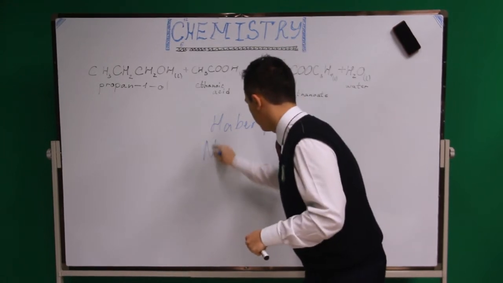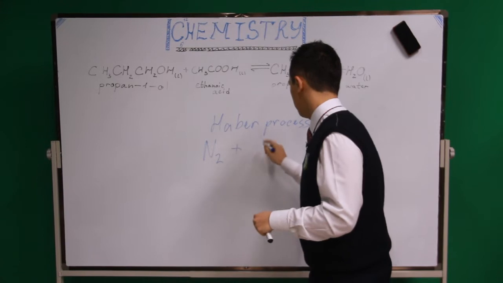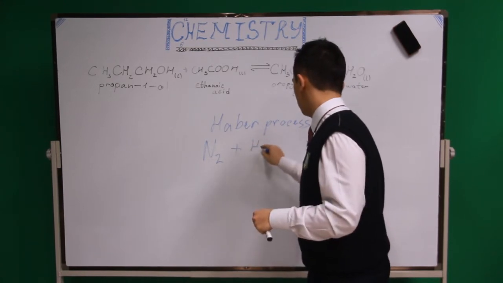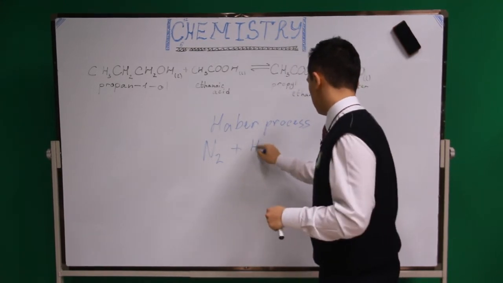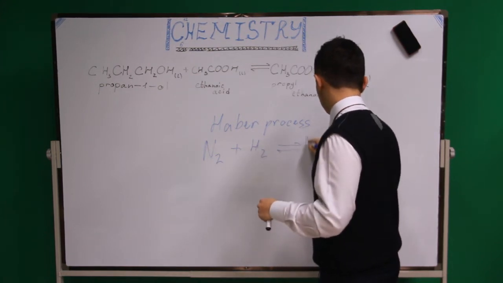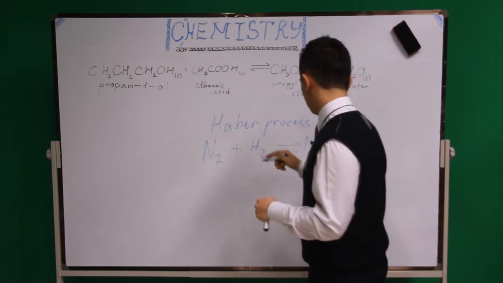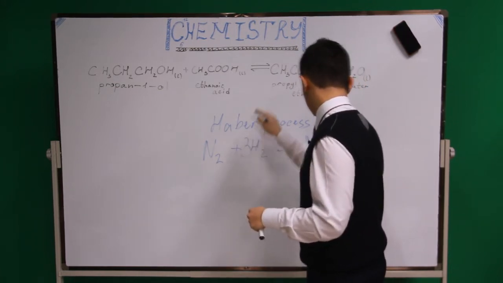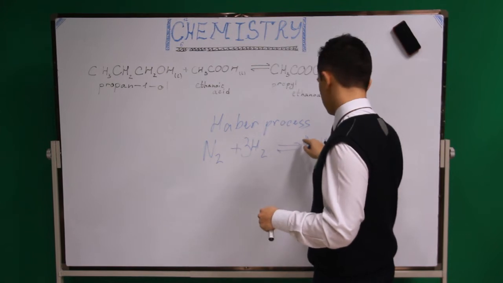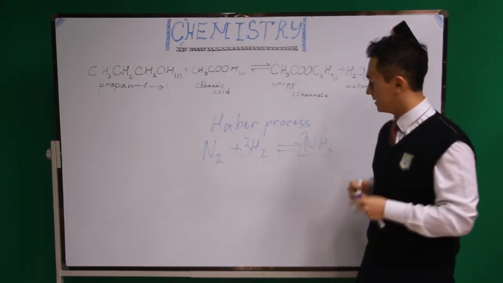So nitrogen plus hydrogen gives us ammonia. So this is 3 and this is 2. Yes, so something like this.